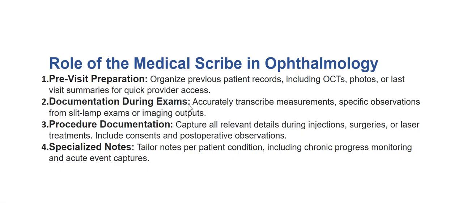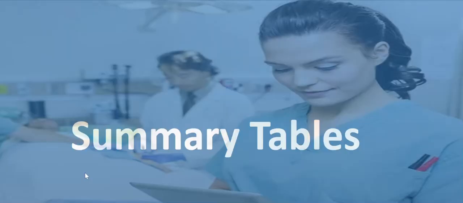Documentation during exams: accurately transcribe measurements and specific observations from slit lamp exams or imaging outputs. Procedure documentation: capture all relevant details during injections, surgeries, or laser treatments, including consents and postoperative observations. Specialized notes: tailor notes per patient condition, including chronic progress monitoring and acute event capture.